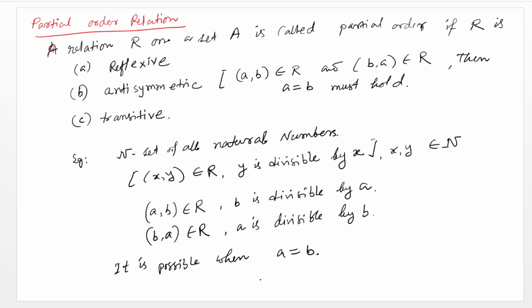Okay, so this is the partial order relation. Now we give another principle of mathematical induction, which will be required in some cases in theory of computation for some proofs.